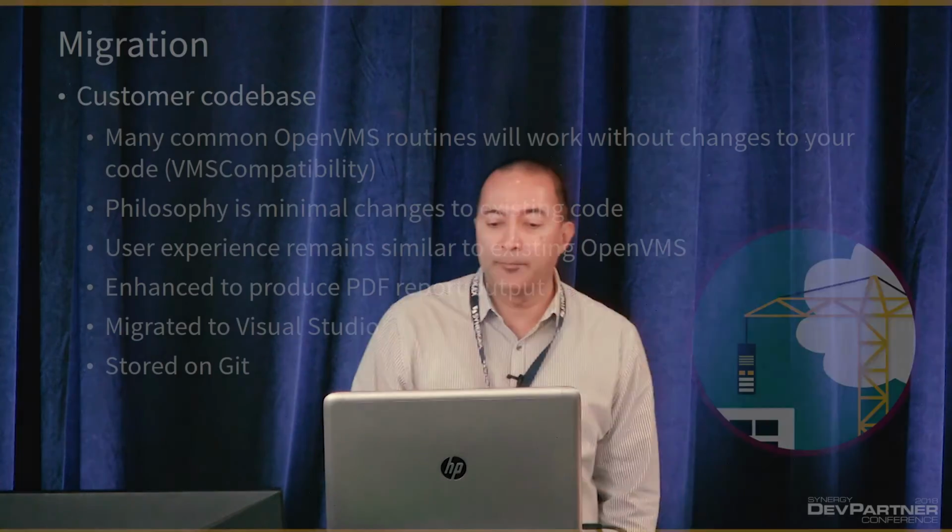If you're using a lot of VMS security type of routines, there is no counterpart to things like permissions and rights in Windows. So if you've got that in your code and you're considering migrating your OpenVMS application to Windows, I would highly suggest that that's the first thing that you tackle, to look at that and make sure that you get it in a shape where it's less dependent on those OpenVMS routines.